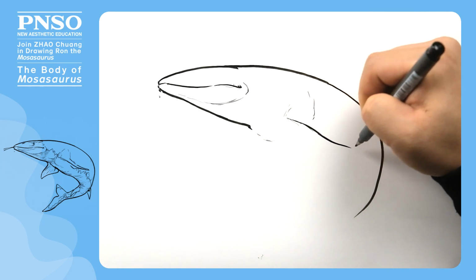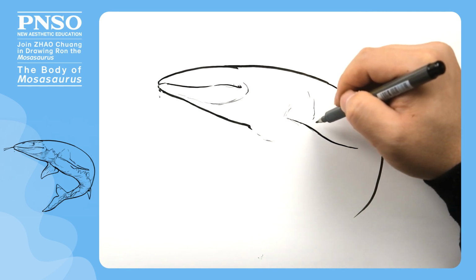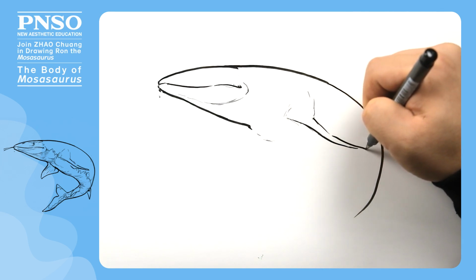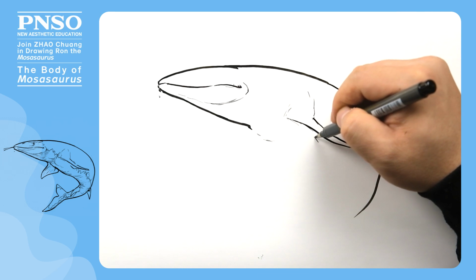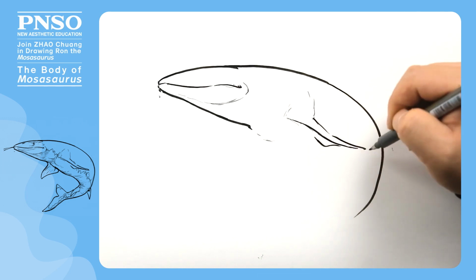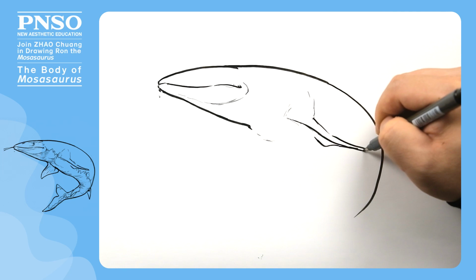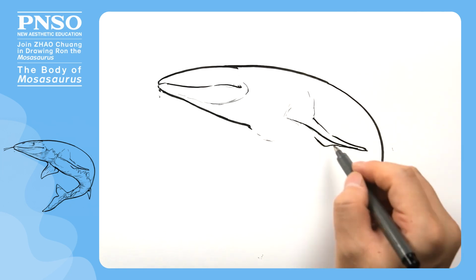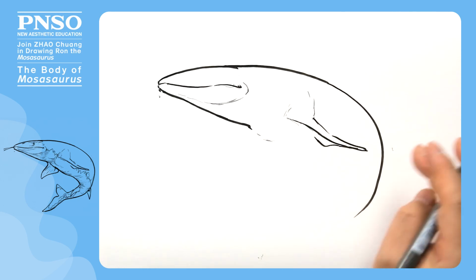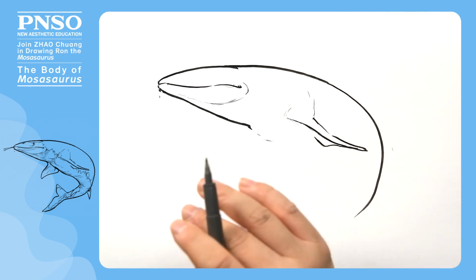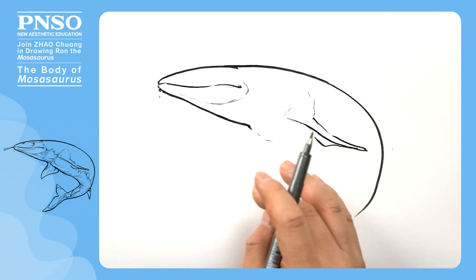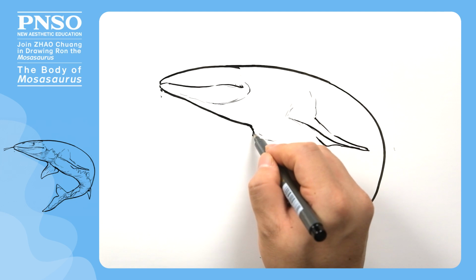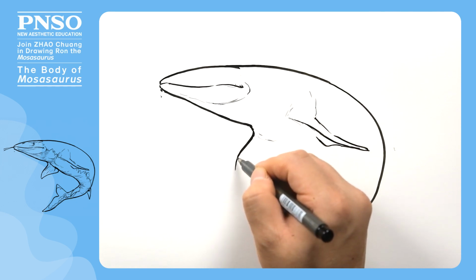Here located its flippers. From the front, its flipper was narrow and flat. But from this angle, its flipper showed its full look just like this.